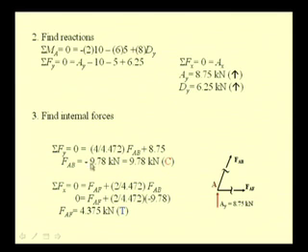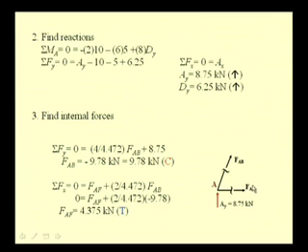Our original assumption was that the member AB is in tension, but since the answer has turned out to be negative, the member is actually in compression. So, the force in the member AB is 9.78 kilonewton compressive. Now, the force summation along the x direction gives the force in AF.